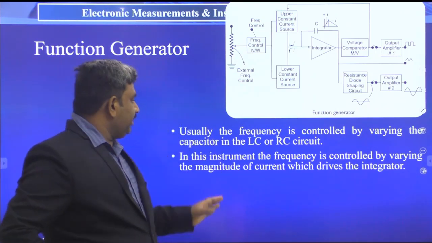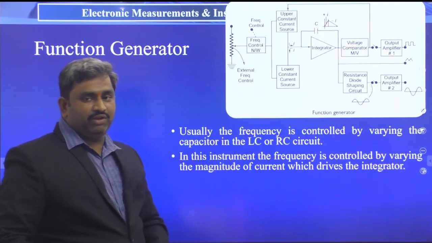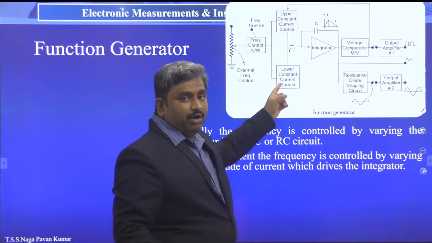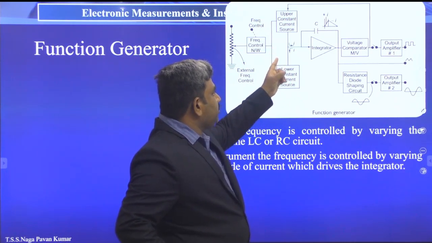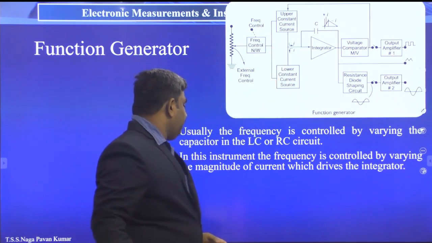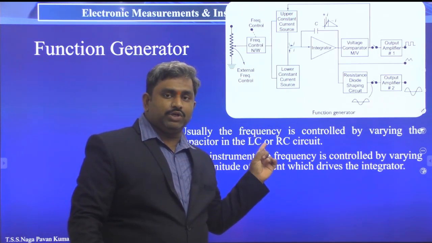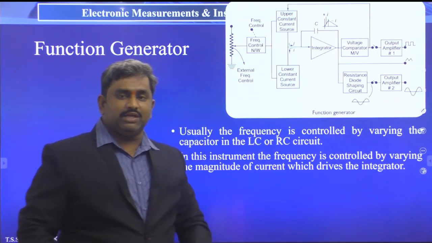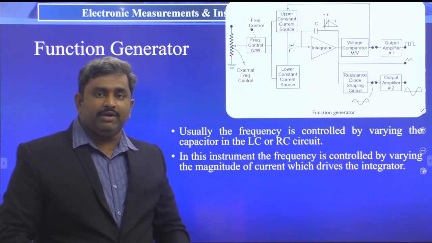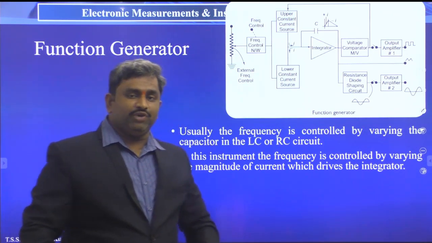We control the frequency by adjusting the upper constant current source and the lower constant current source. By adjusting these two parameters, we can control the frequency values.